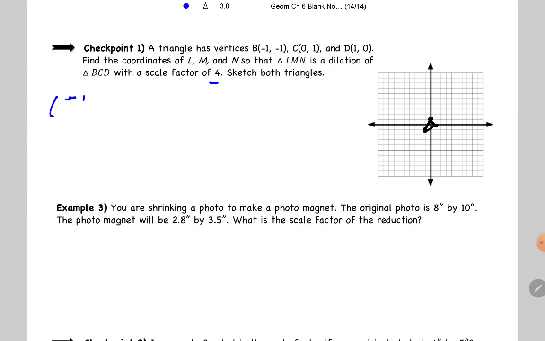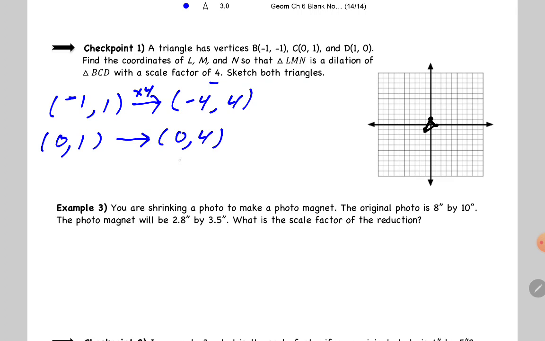So -1, 1 becomes -4, 4. 0, 1 becomes 0, 4. And 1, 0 becomes 4, 0. This is L, this is M, this is N.